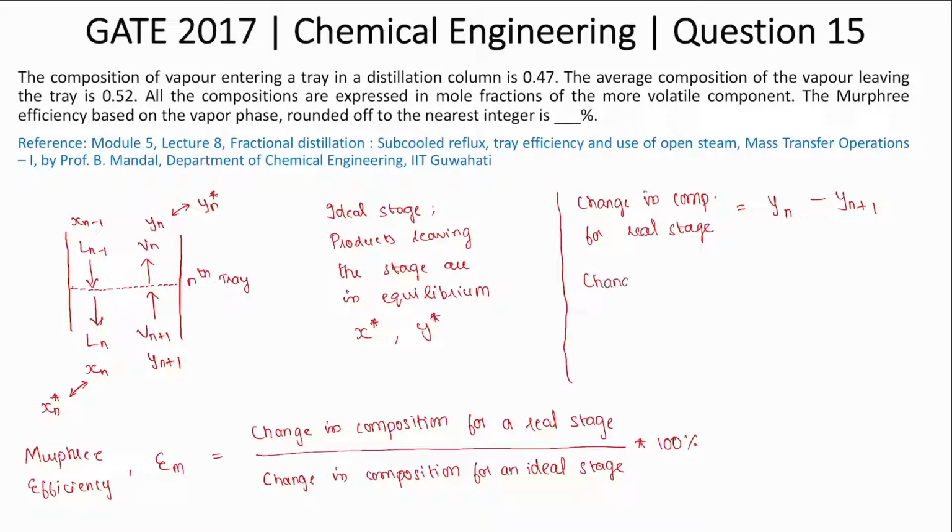Similarly, the change in the vapor phase composition for an ideal stage can be written as Yn star minus Yn plus 1. So, Murphy efficiency Em is equal to Yn minus Yn plus 1 over Yn star minus Yn plus 1, times 100%.